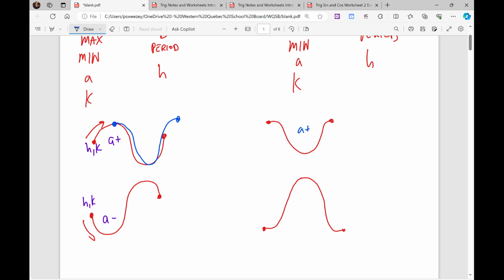The only thing I'll point out, and this is what one of the students last year pointed out, was that for sine functions, A is positive when it goes up from the starting point. But the kids last year said, doesn't this kind of look like a parabola? That's where A is positive and that's where A is negative for parabolas. So that's how they aligned it in their head.